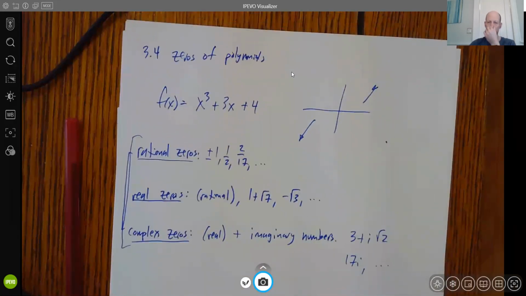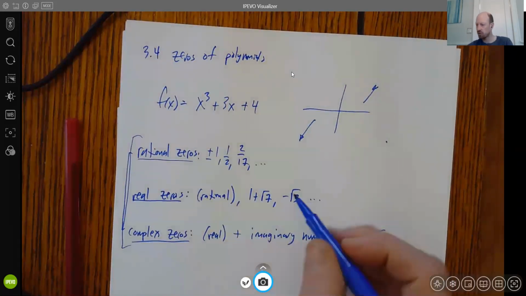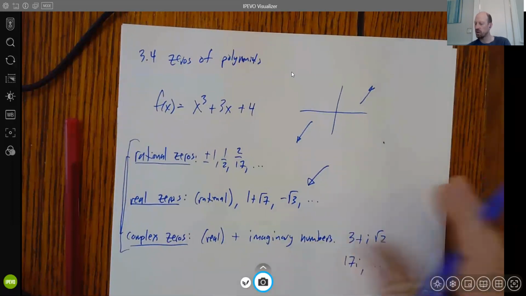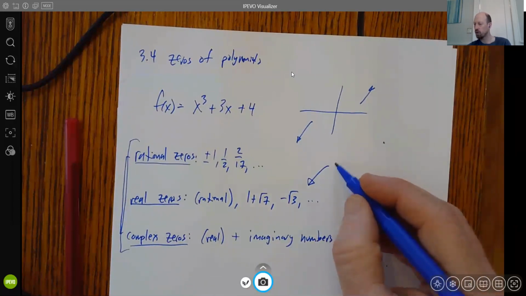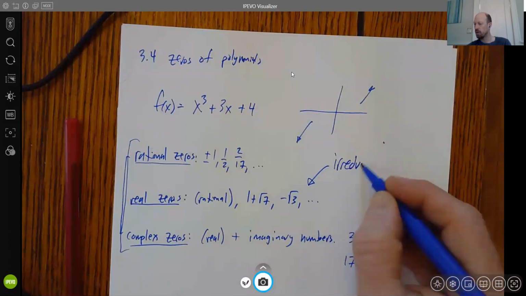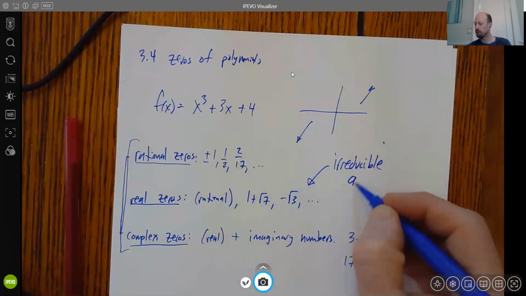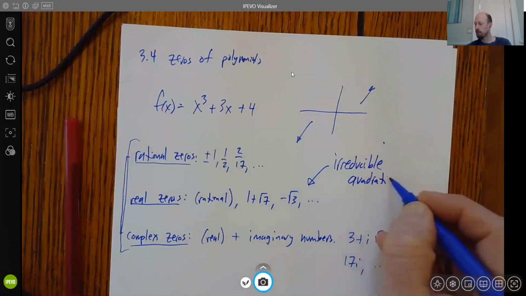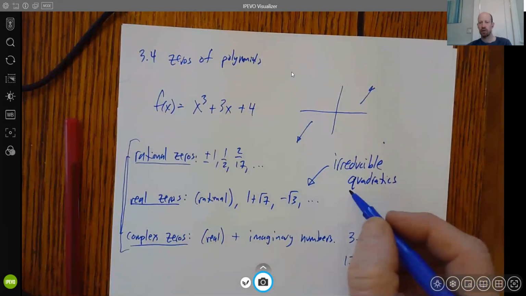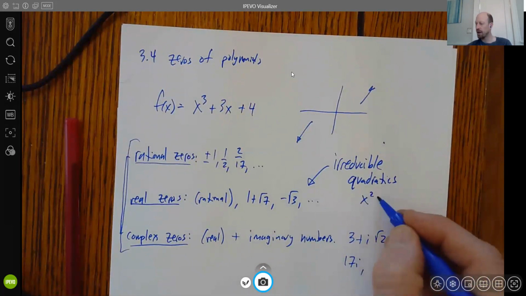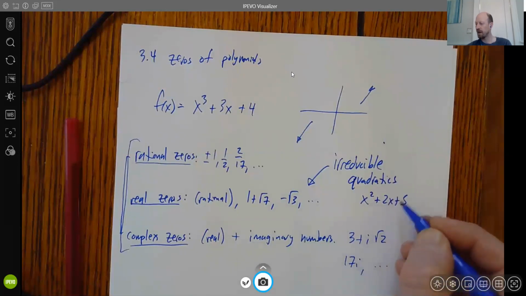It turns out when we are working with polynomials like this, real zeros here are going to come from what are called irreducible quadratics. So that's something like x squared plus 2x plus 5.